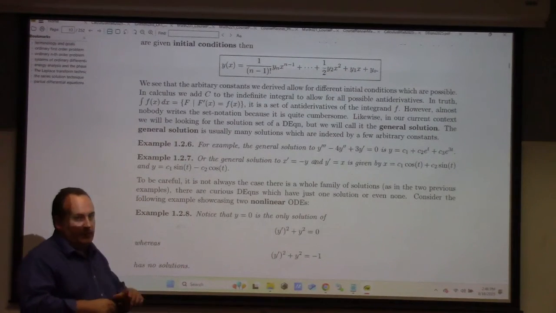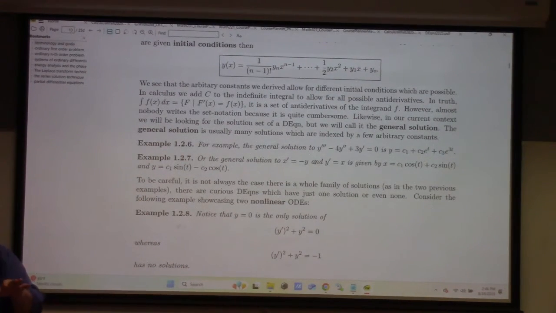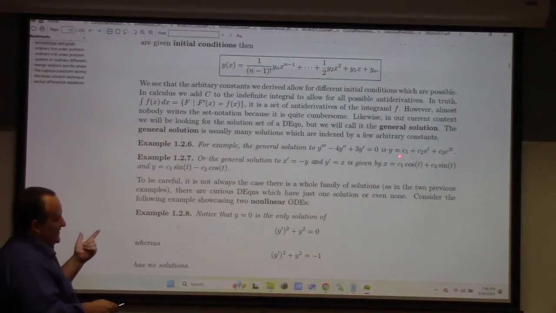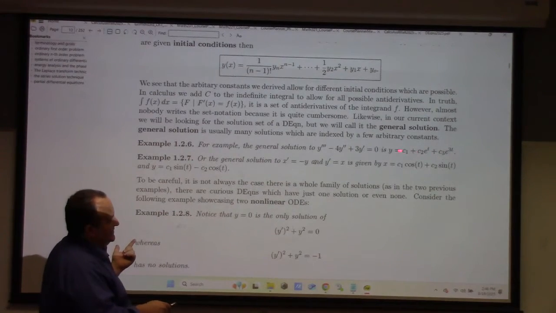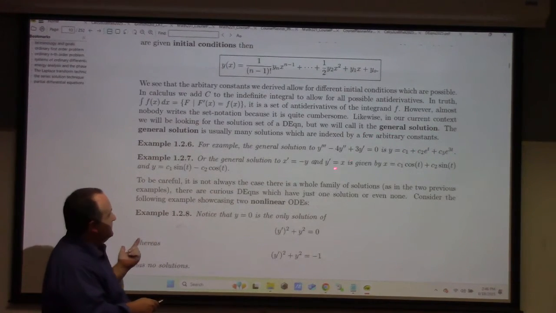We will learn how to derive that in less than 2 minutes once we learn the technique. It's very simple, actually. And you notice that there are 3 constants here because this is a third order differential equation.